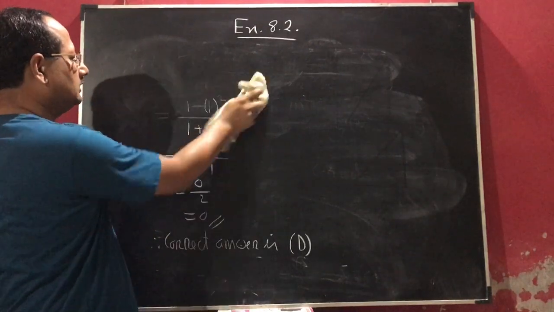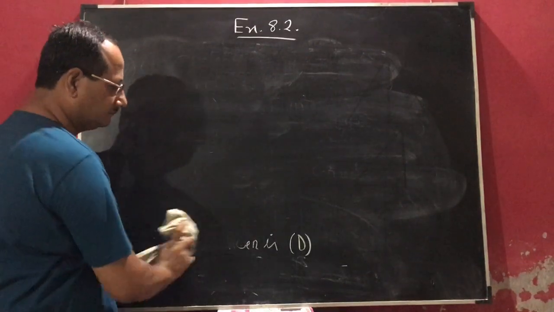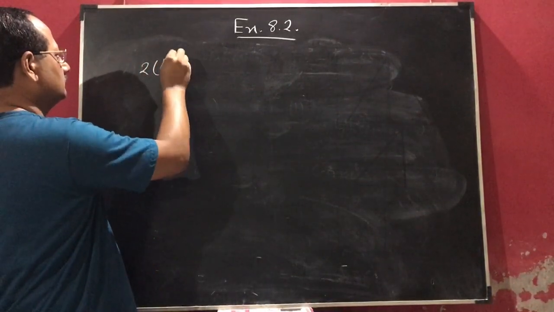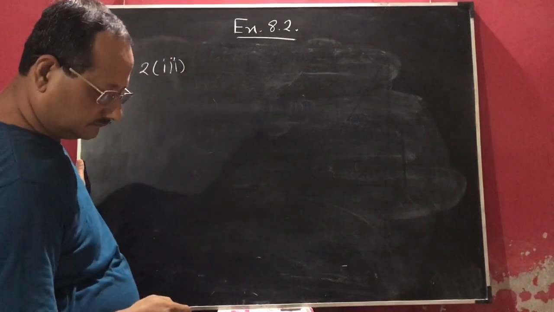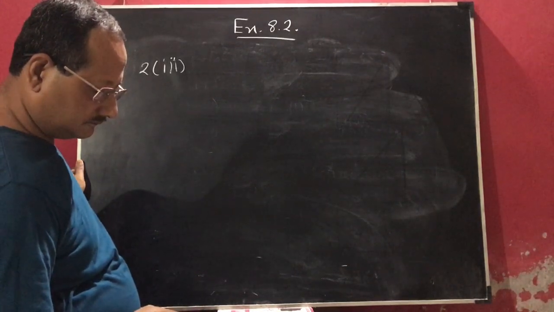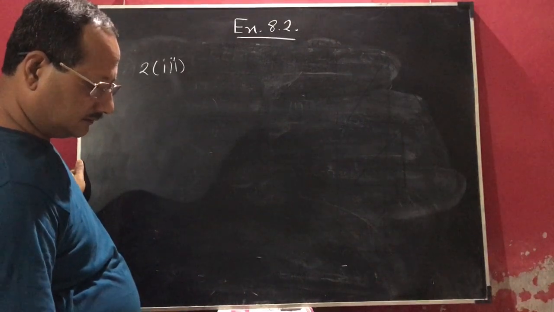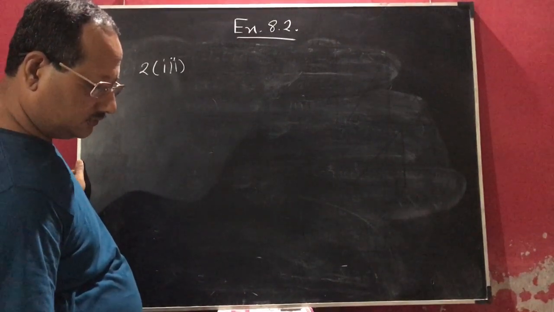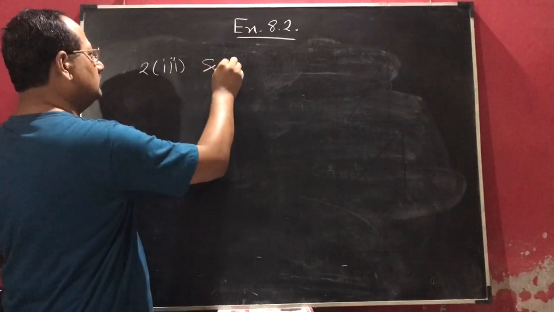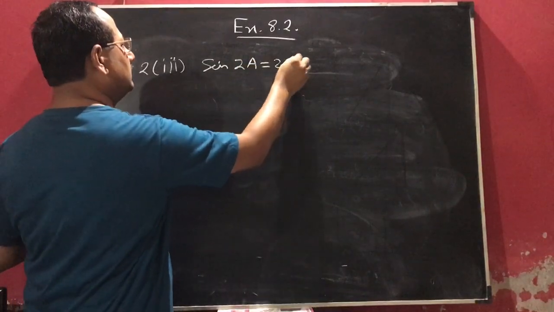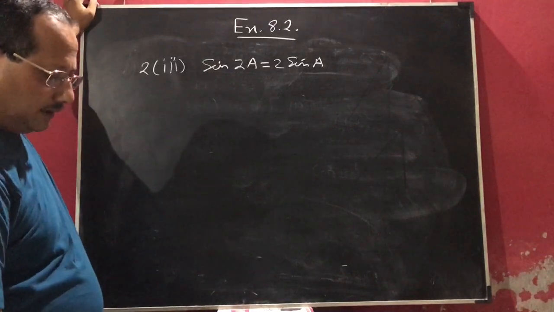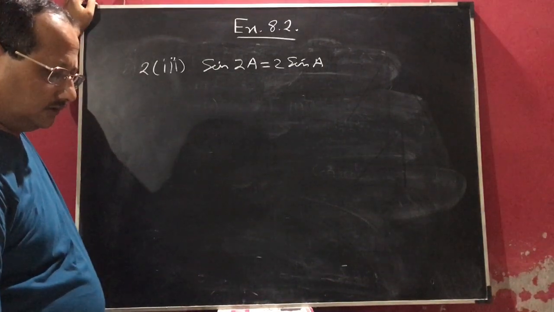Now question number 3. Sin 2A equal to 2 sin A is true when A equal to 0 degree, 30 degree, 45 degree or 60 degree.